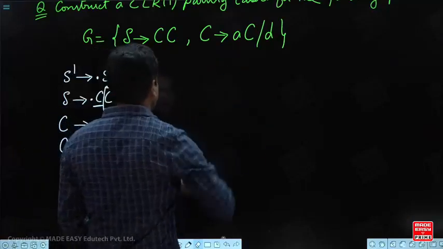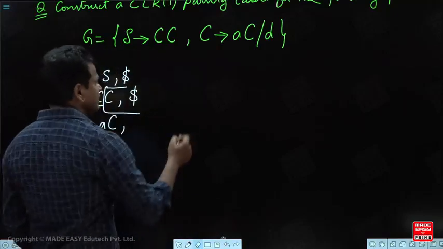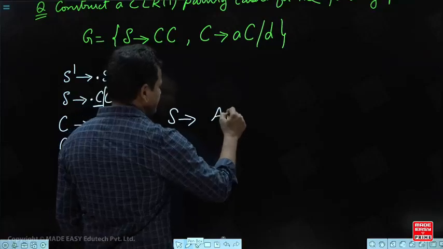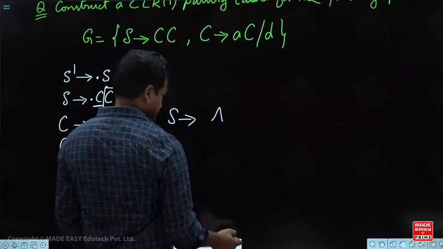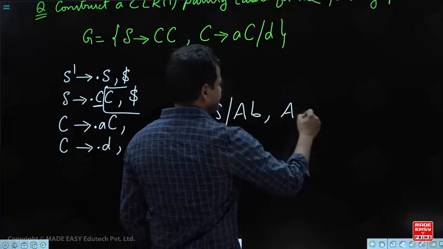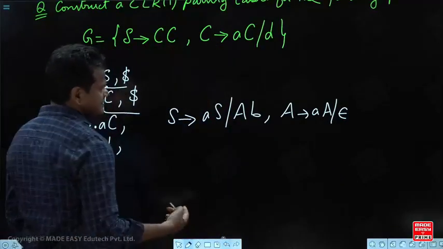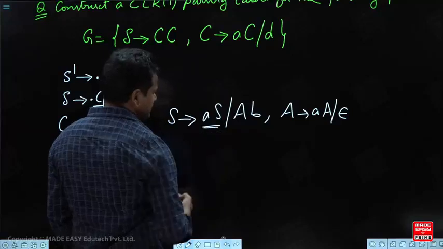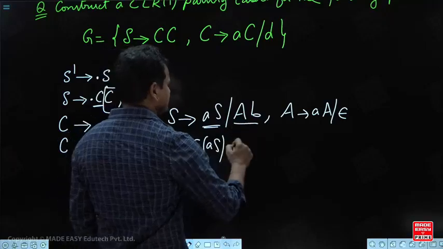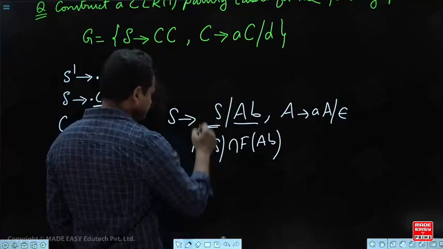Even yesterday or the day before yesterday, one person asked me in the group about a production. I don't remember exactly what that production is, but something like this. There is one production, and A is AA and epsilon. Here it is checking for LL of 1. So what is LL of 1? Take the first of each alternative. If they have common elements, then it is not LL of 1.